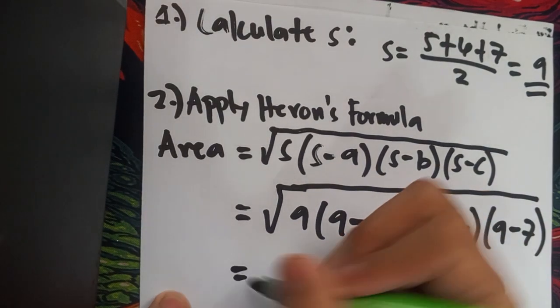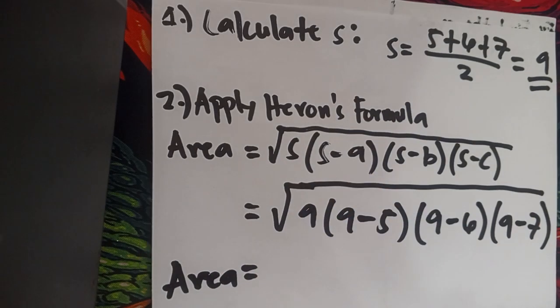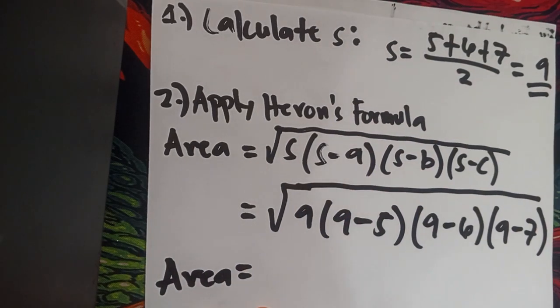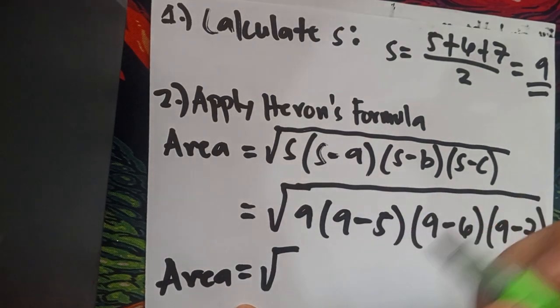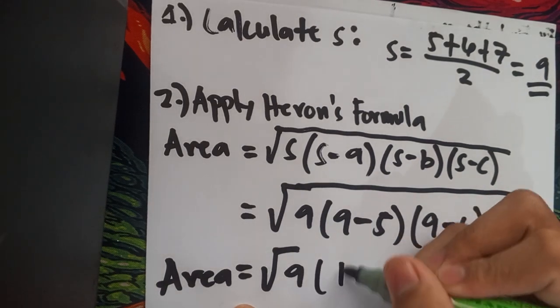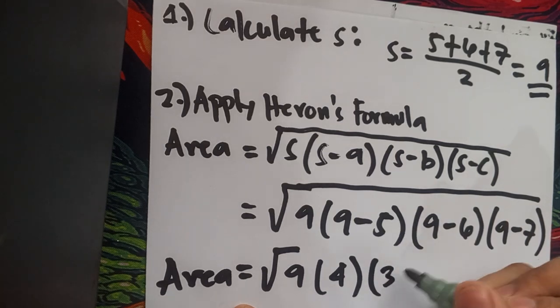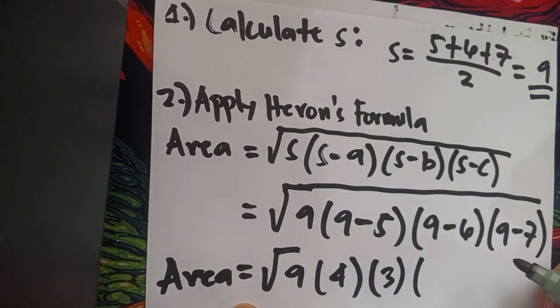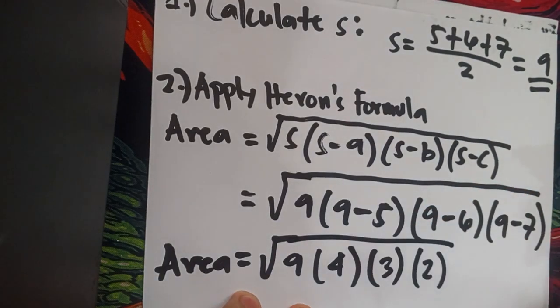So we need to calculate it. Area is equal to the square root of 9, which is our semi-perimeter, then 9 minus 5 is 4, times 9 minus 6 equals 3, times 9 minus 7 equals 2. Don't forget the square root.